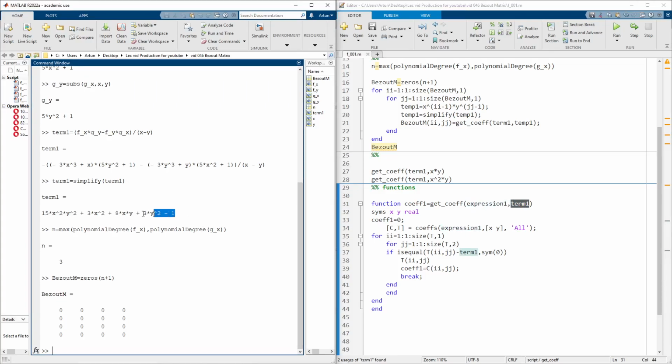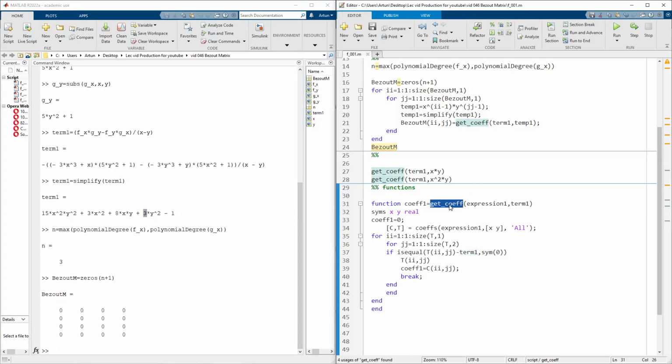You have an expression and some term that you want to get the coefficient of. This is important, and this function basically does that. But of course, for any two variable polynomial, with variables defined as x and y, not a and b, otherwise it will throw an error.